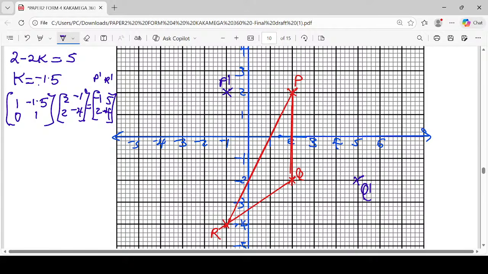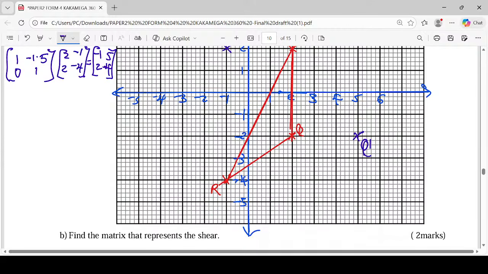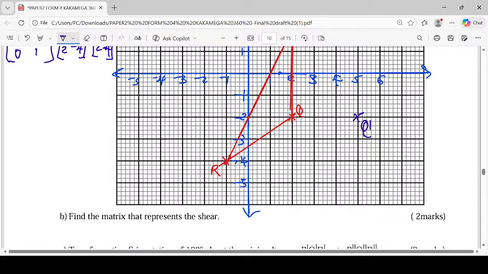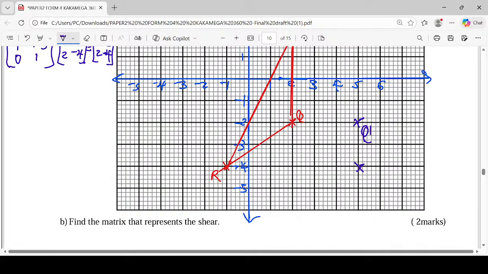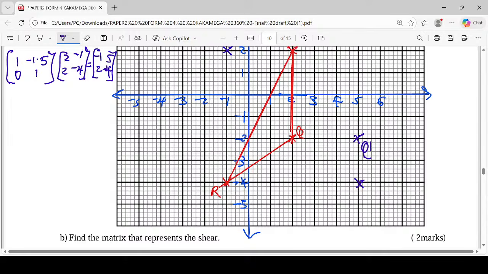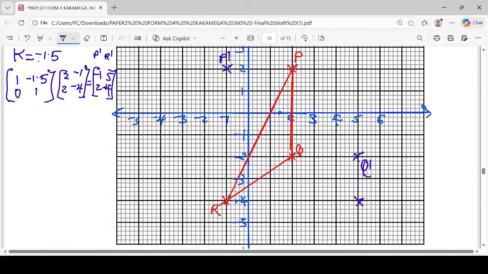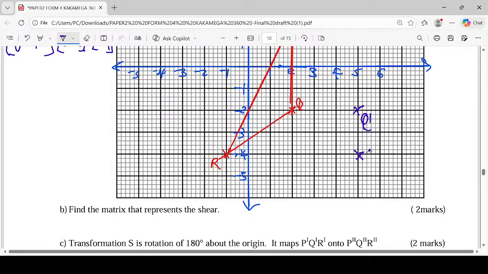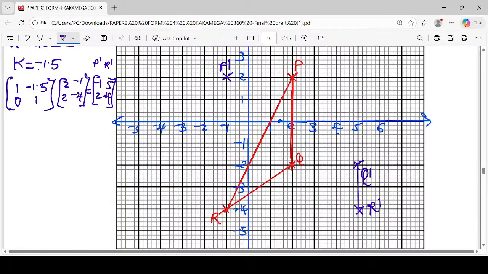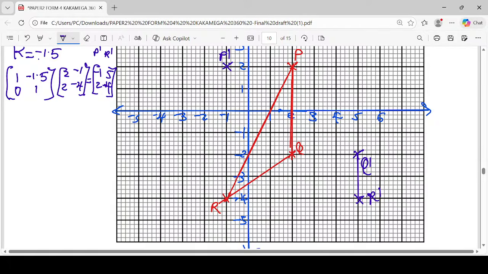Let me see. 5 negative 4 is here. So let's now join. This is R prime. So when you join, you're going to get something like this.